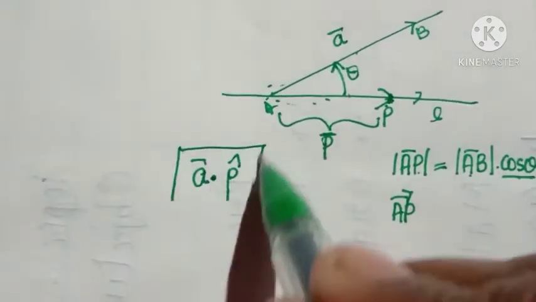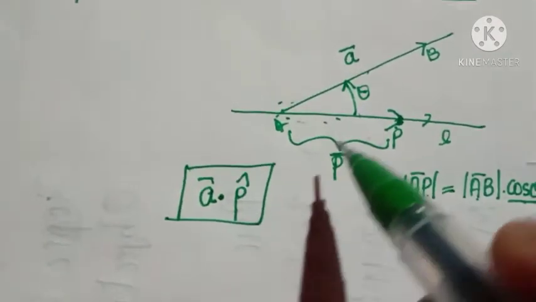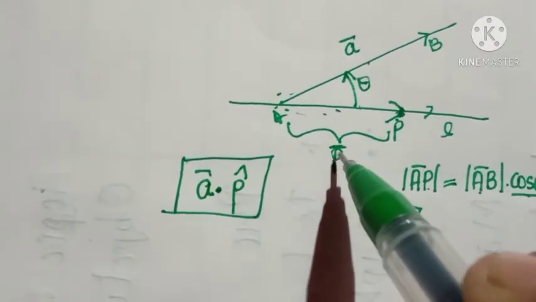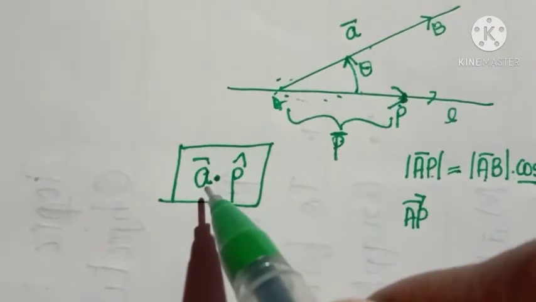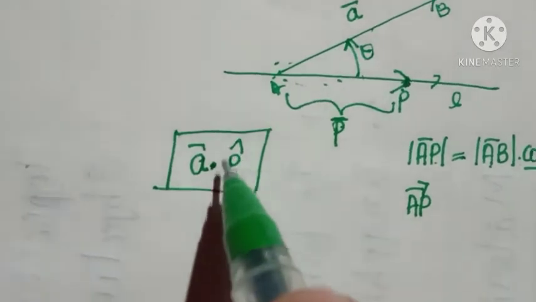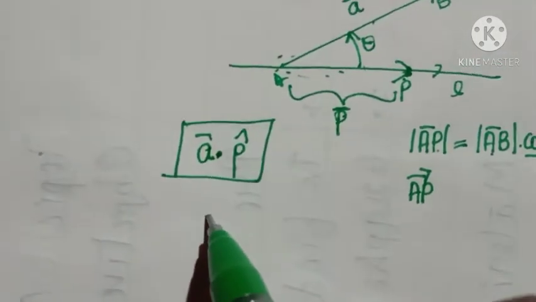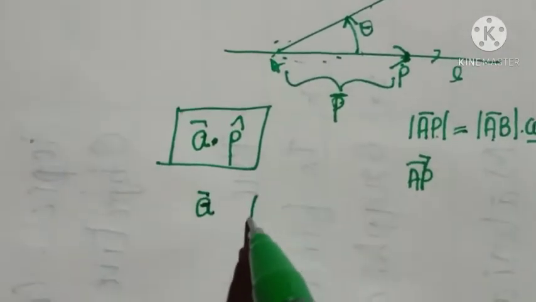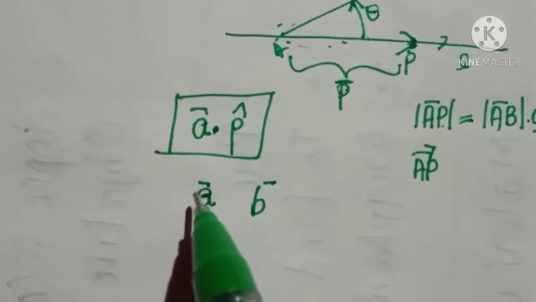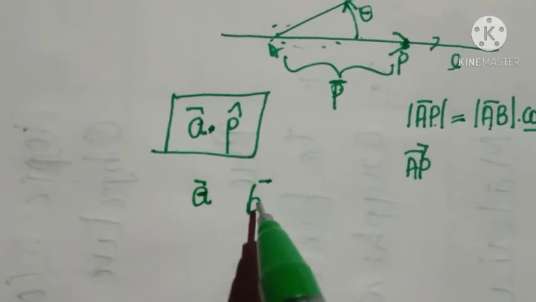So the result to find the projection of a vector with respect to a unit vector is vector A dot vector P, which is a unit vector. Suppose we have two vectors, vector A and vector B. So the projection of vector A on the other vector B.